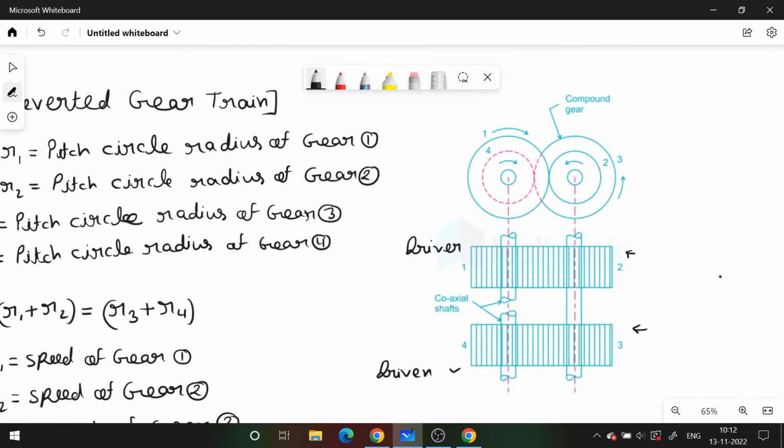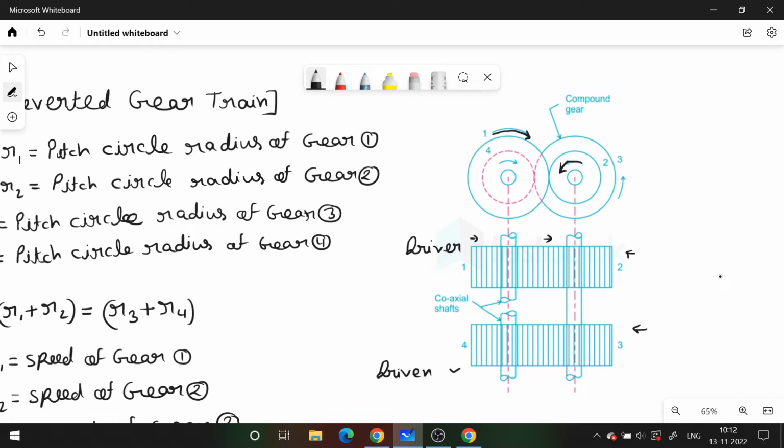If gear 1 rotates in clockwise direction, then gear 2 will rotate in anti-clockwise direction, since gear 1 meshes with gear 2.